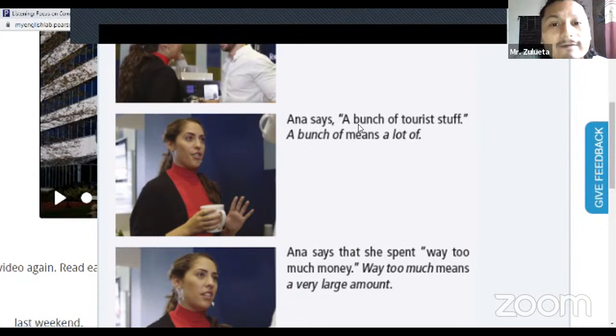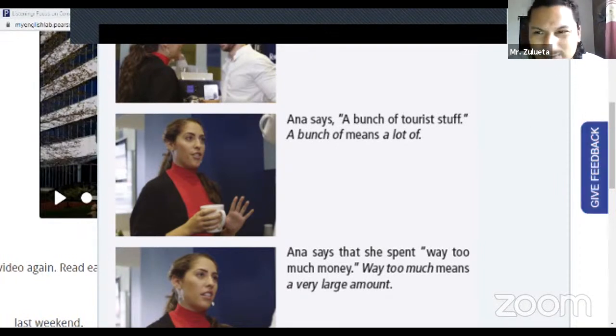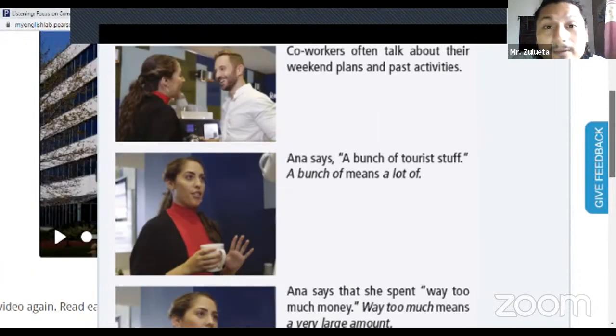So here we have a new quantifier, a bunch of. Un montón de, prácticamente. Un montón de o muchas cosas que tienen que ver con. A bunch of tourist stuff. Cosas de turistas. So maybe they work on a tourism agency, something like that.